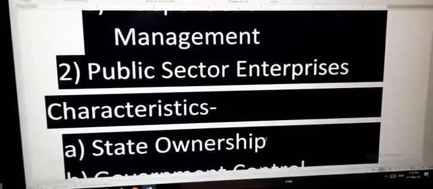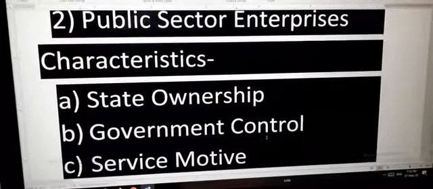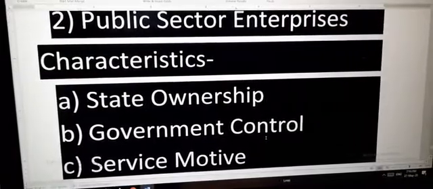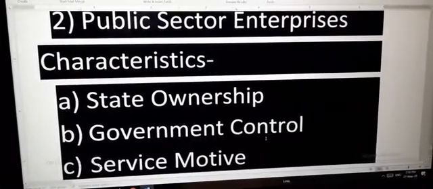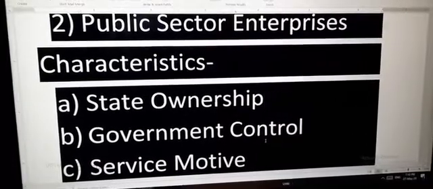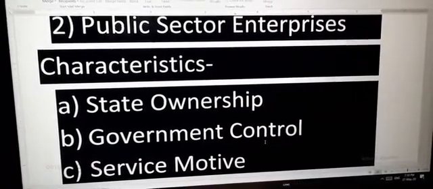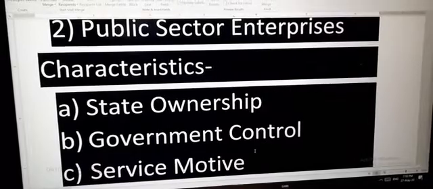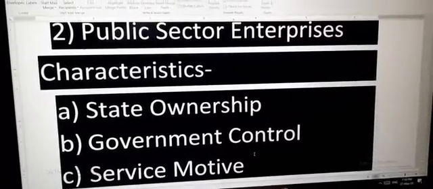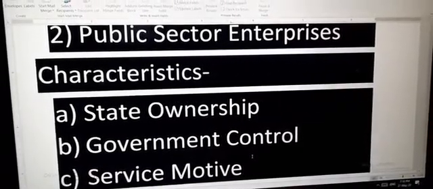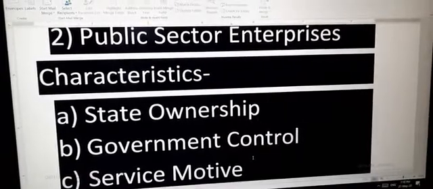Now the characteristics of public sector enterprises are: first is state ownership. Public sector undertakings are fully owned by the government or some public authority. Second is government control. The ultimate control of a public sector undertaking is with the government.